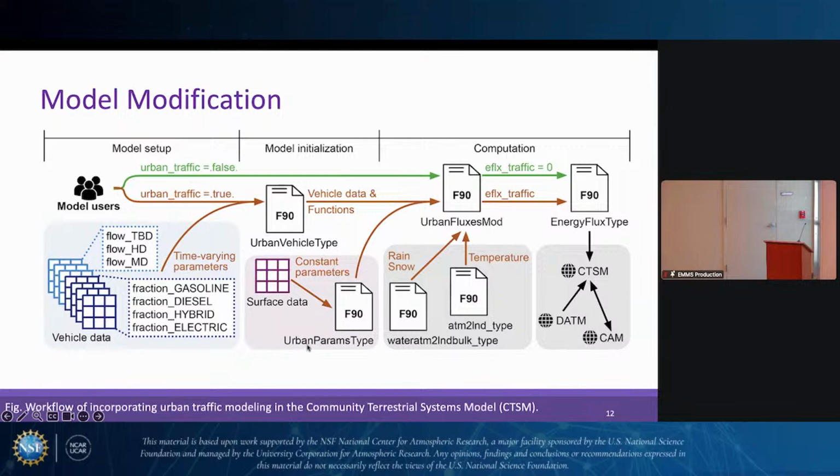And the urban parameter type, this module will initialize the constants from the surface data that provide the two morphological parameters to calculate the traffic heat in this urban flux module. Then the urban flux is used by the energy flux type, this module, for further computation.